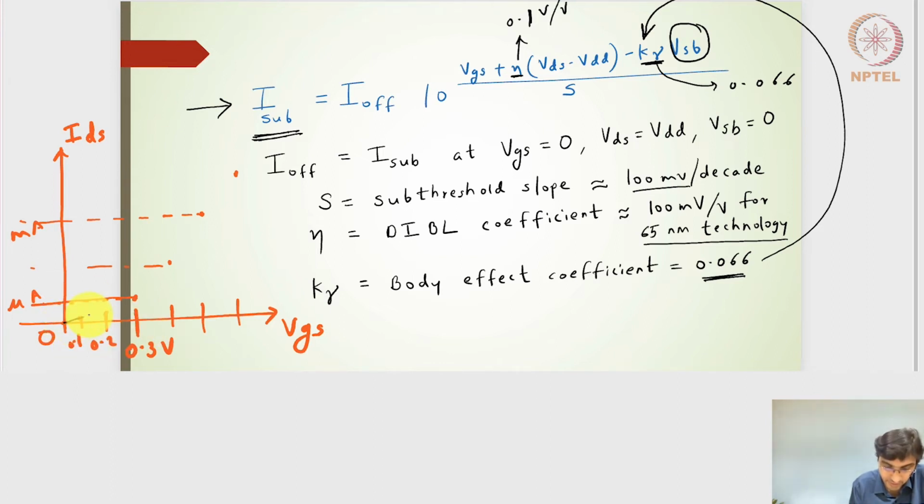If I draw this particular line, I can have some kind of a linear line if I consider a decade change in the current. So I will have some kind of a slope here.